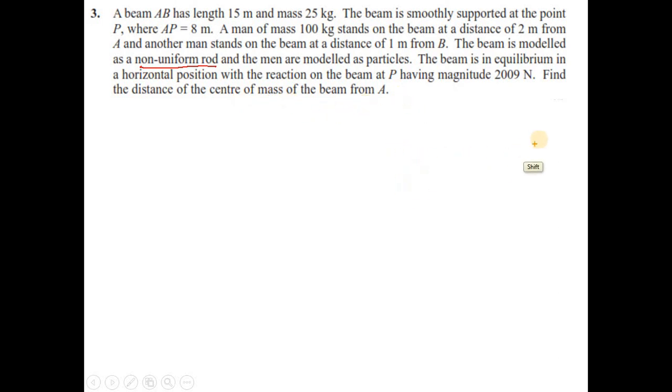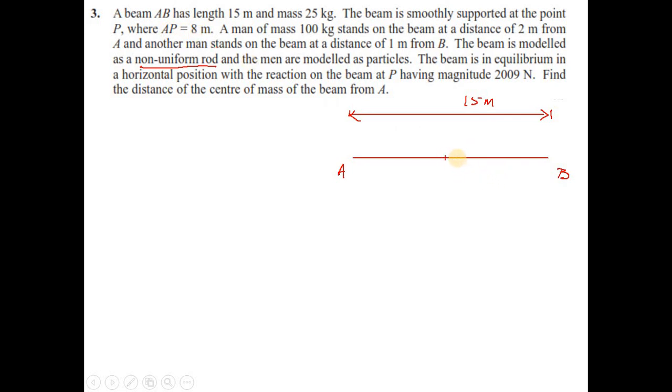So you can think that you have a beam AB. This is A and this is B. The total length of the beam is 15 meter, and you have a support at P, which is AP equal to 8 meters.